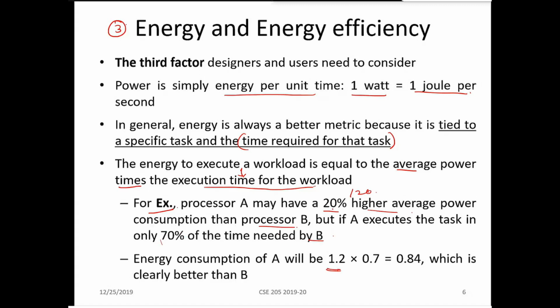So 1.2 times 0.7 is 0.84. The energy consumption of A will be 0.84. So I think it is much better than B, because with higher average power the processor speed will also be higher and it may execute much faster than processor B. That's what they are trying to say here.